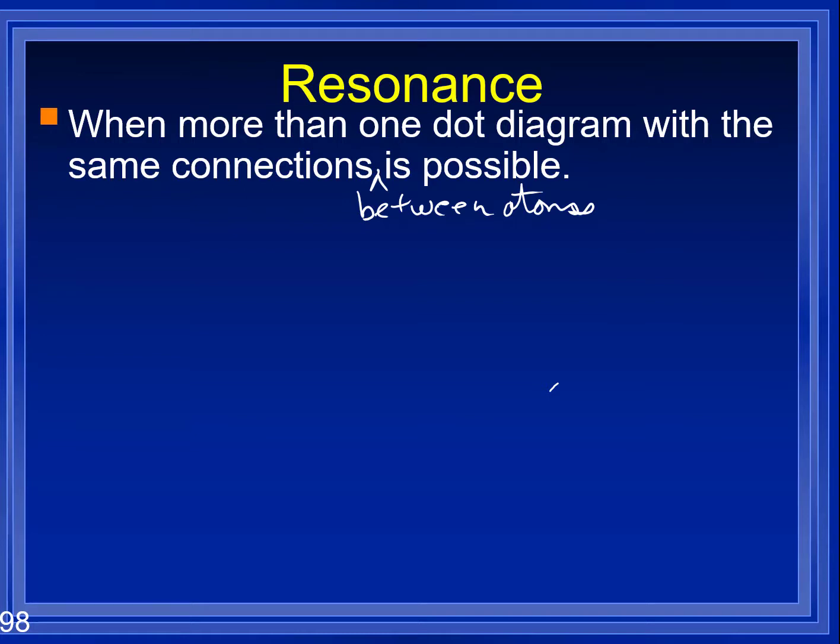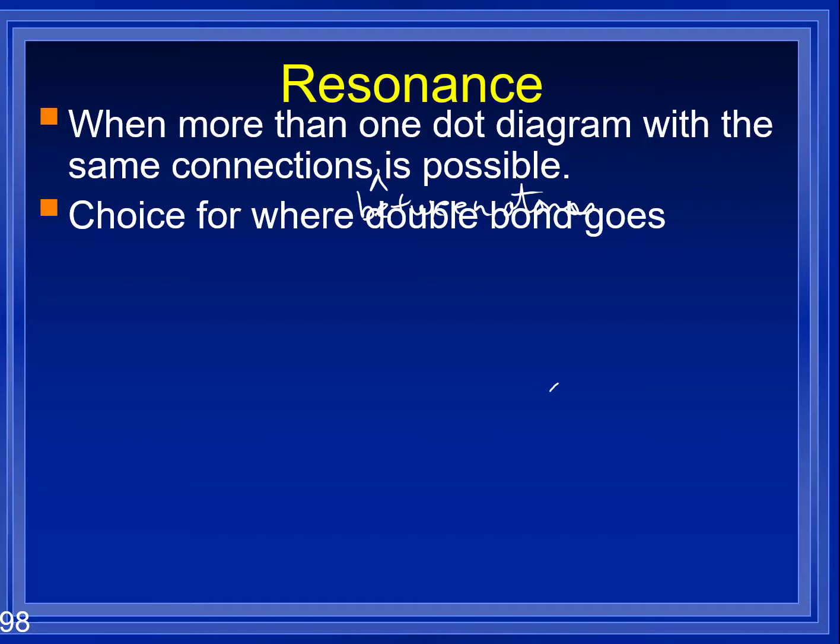So when you do the math, and the math says you have to put a double bond in, and you have your choice about where that double bond goes. It says you need extra bonds, and you have a choice, and it doesn't matter which one you pick. The atoms aren't going to move around based on where you put that double bond.